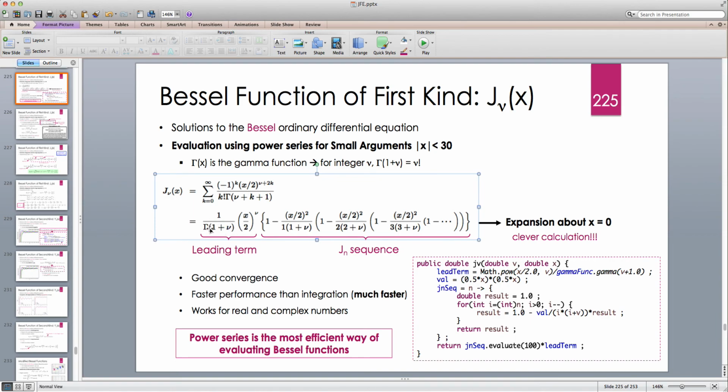We looked at gamma functions as well in the previous lectures, and the gamma function is also evaluated based on a power series or a kind of product representation of some numbers. And we said that if we are just varying x, the clever trick here is to check for nu, because if nu is not changing, then we don't need to evaluate the gamma function each time x is changing.